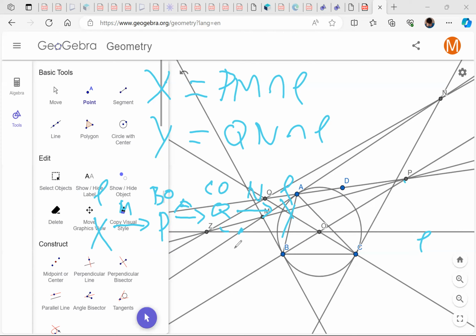Let me check my list, because I'm not actually sure which thing it is. Oh, this is. Yeah, have a look. Okay, I'm not sure which one it is because it's kind of confusing. But have a look.